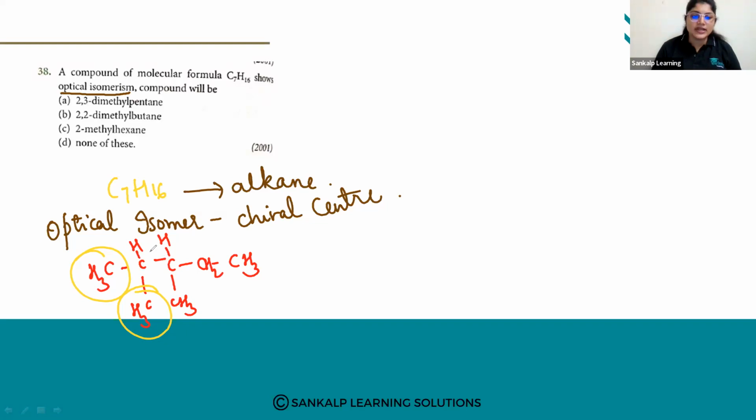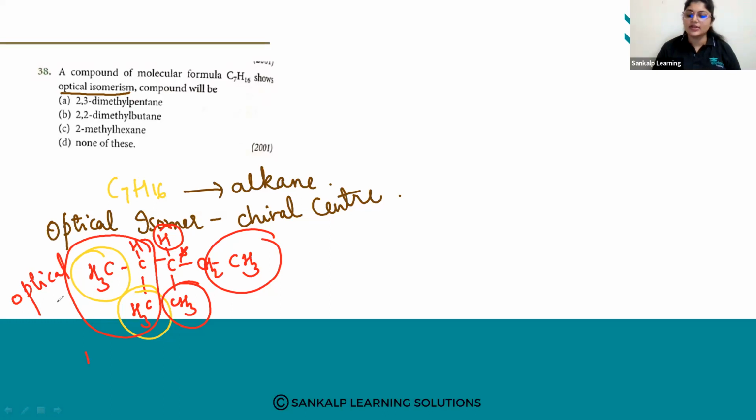This is attached to one group, this is second, this is third, and this is fourth. So this is a chiral center. One chiral center is present, so this is optically active. Our answer one is correct.